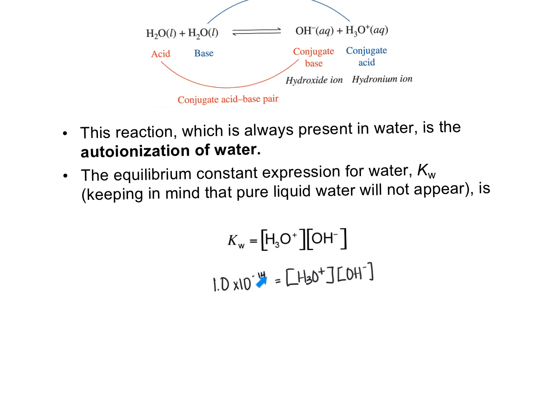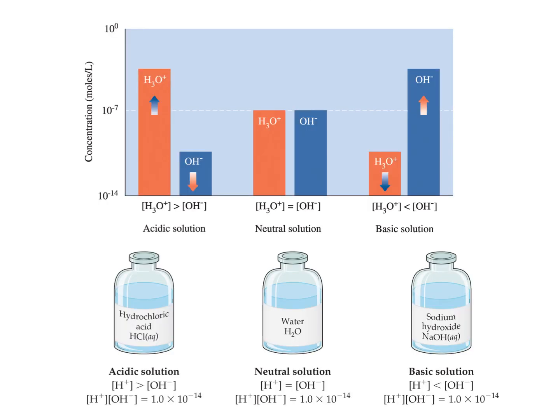And so because we know this value and these two equal each other at a given temperature, if we know one and we know this value, then we can figure out the other. And this is really helpful. This can help us figure out the pH of certain substances and help us determine if something is acidic or basic. So let's talk a little bit more about if something is acidic or basic or not.